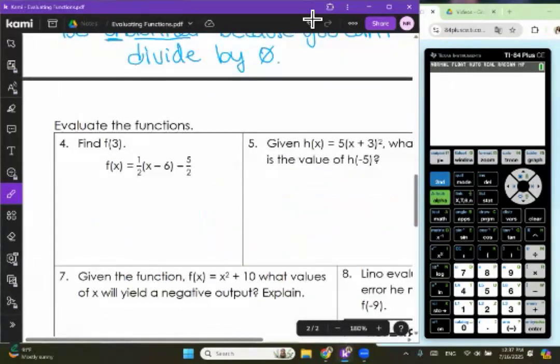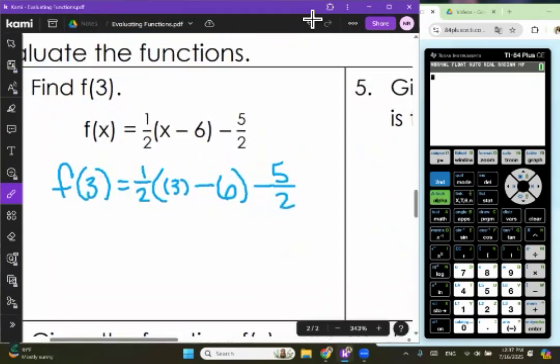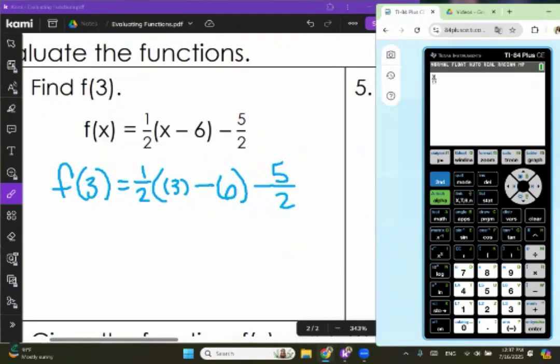Flip it over. Find f of 3. So same thing. F of 3 is going to equal 1/2, and make sure you put your 3 in parentheses, minus 5/2. So you type all of that into your calculator. That's going to be fun.